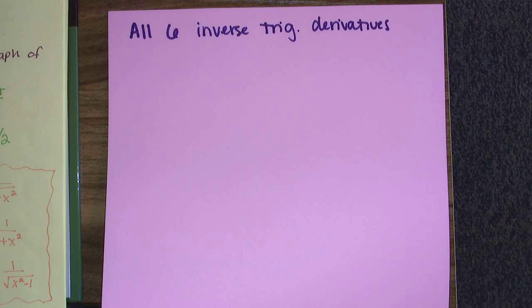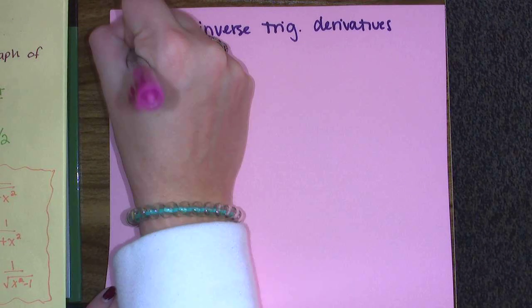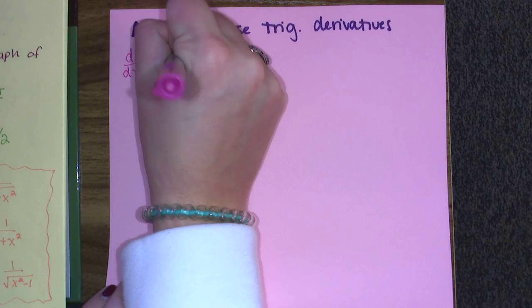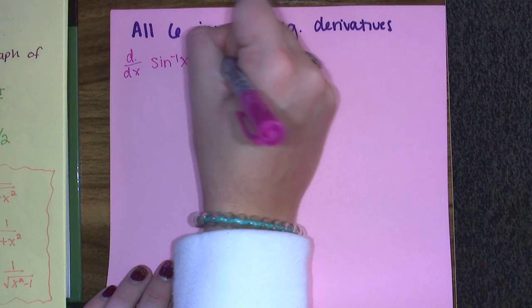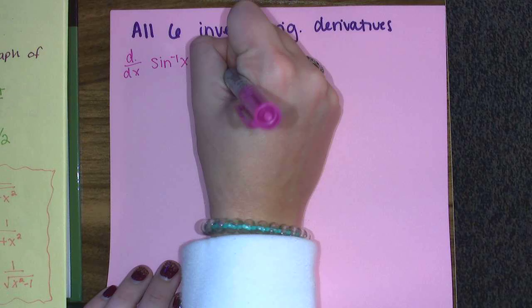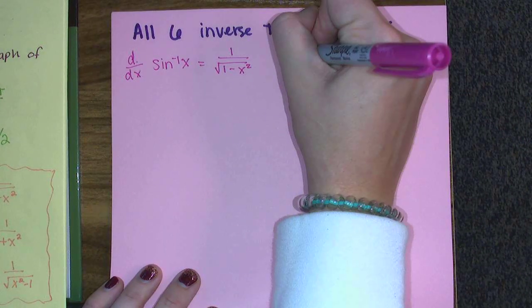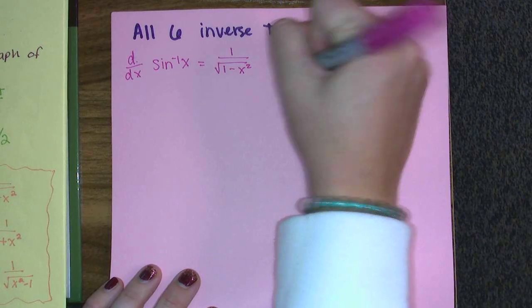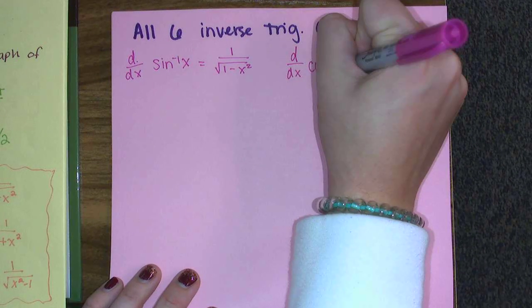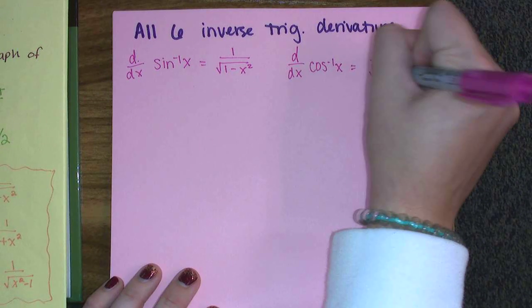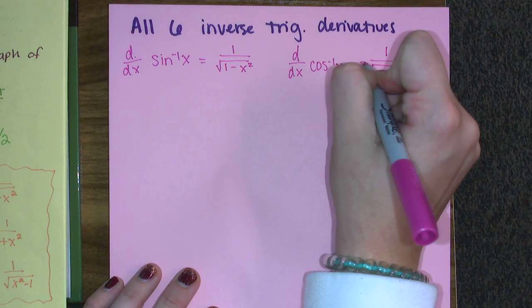So we have the derivative of arc sine of x is 1 over the square root of 1 minus x squared. And then its pair is the derivative of the arc cosine of x, which is 1 over the square root of 1 minus x squared, but this one is negative.